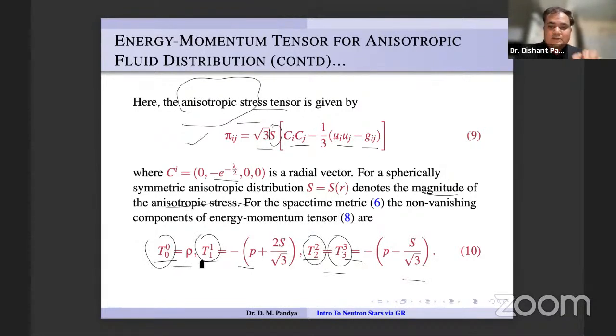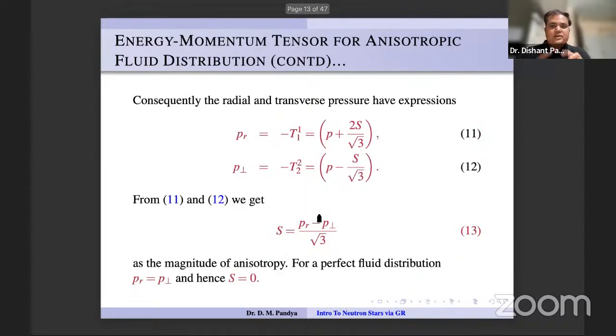Now this is an interesting story. You have found an energy momentum tensor with non-vanishing components once you consider the anisotropy. So how are you relating the radial pressure and transverse pressures?